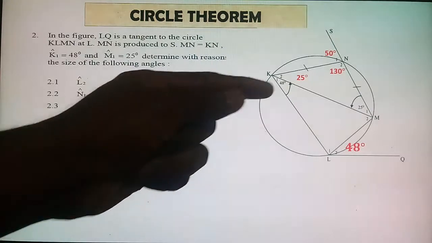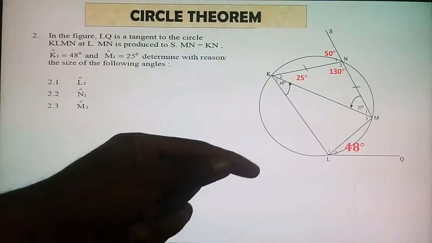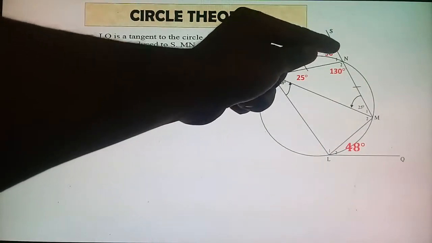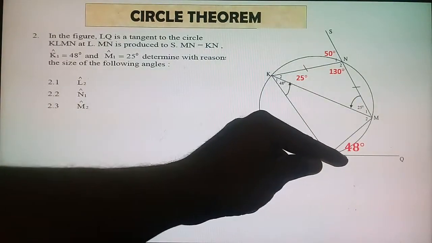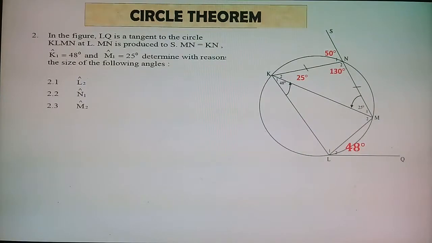How can you conclude about N1 and L1 there? You know that the exterior angle of a cyclic quadrilateral is equal to the interior opposite angle. It means L1 will be equal to 50. The reason: exterior angle of a cyclic quadrilateral.